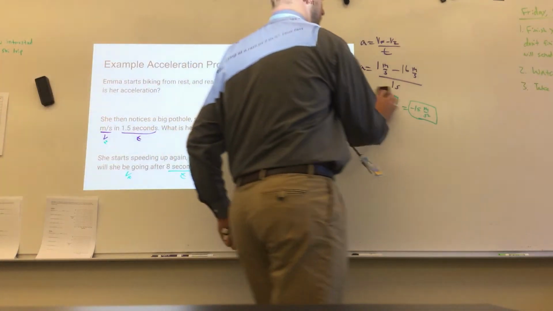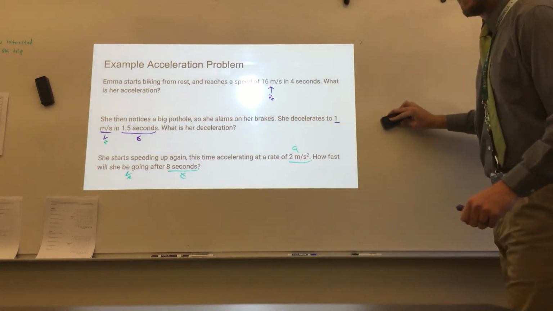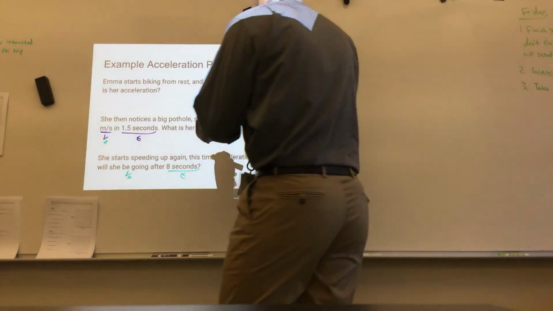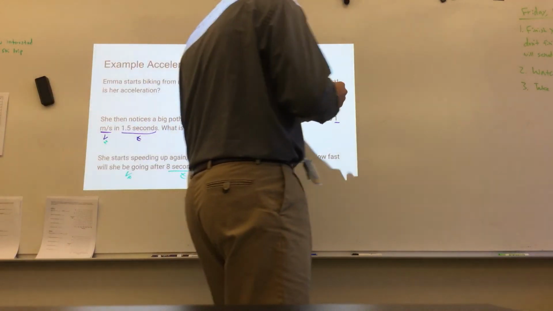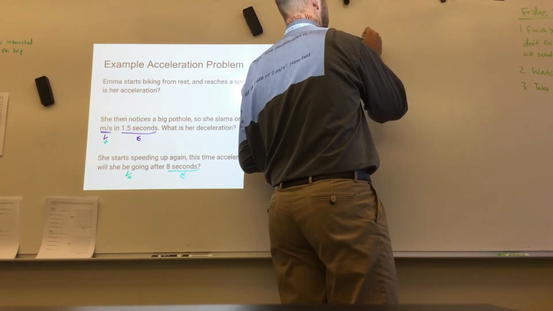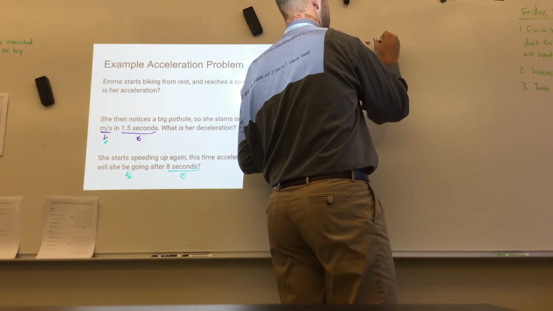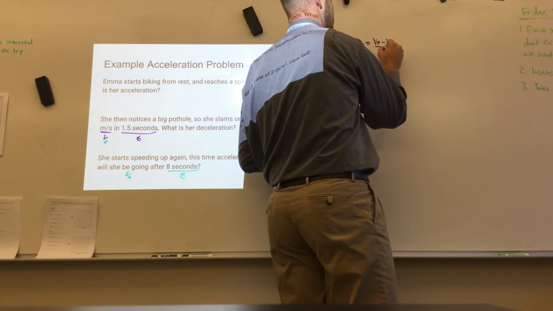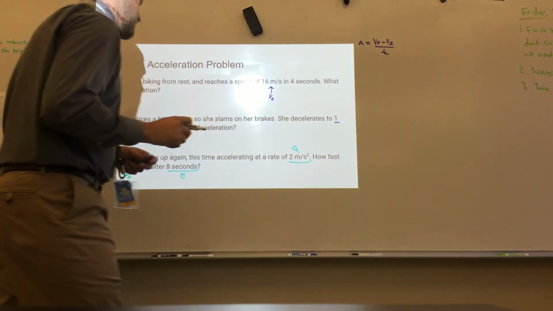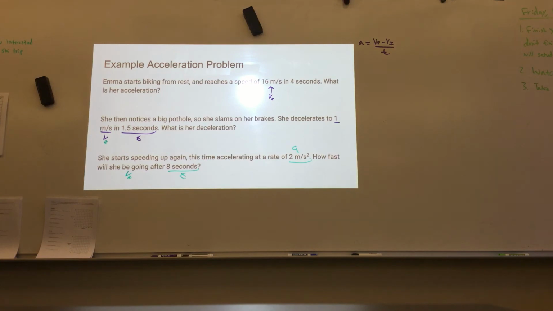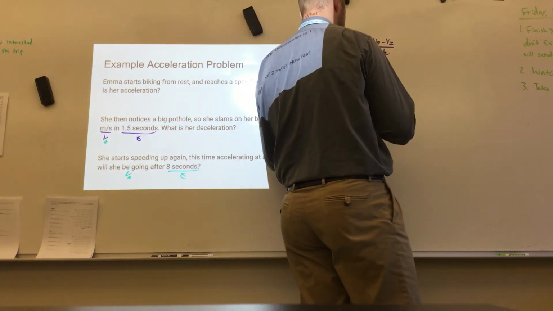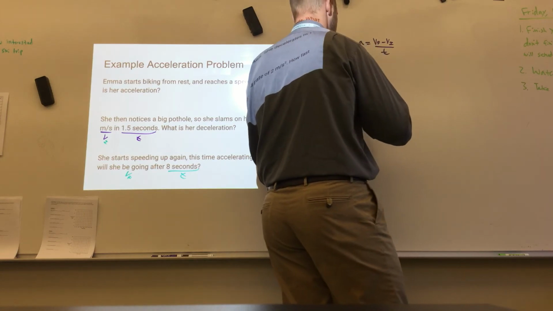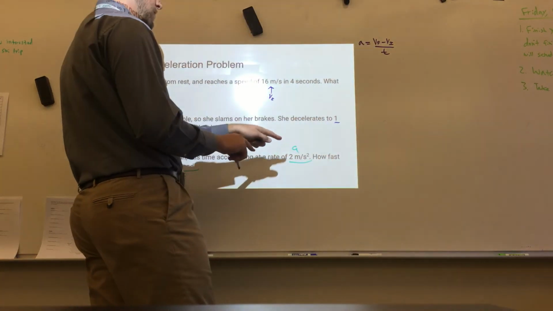So let's write that out. What makes this one a little more difficult is you're going to have to rearrange the different sides of the equation using some algebra. So a is equal to vf minus vi over t. The a that she has is 2 meters per second squared.